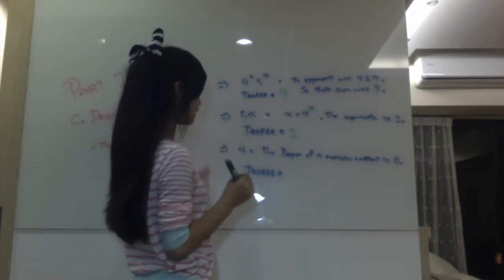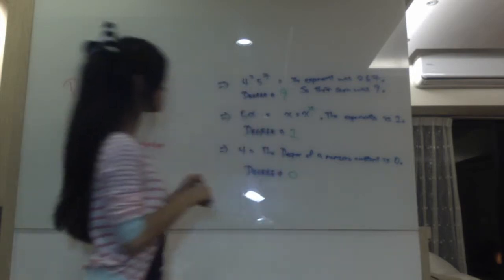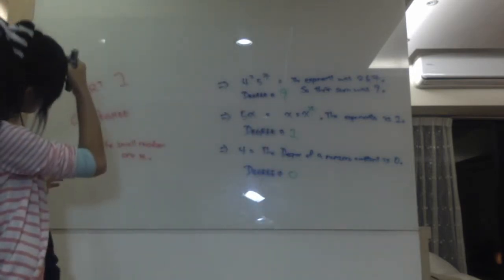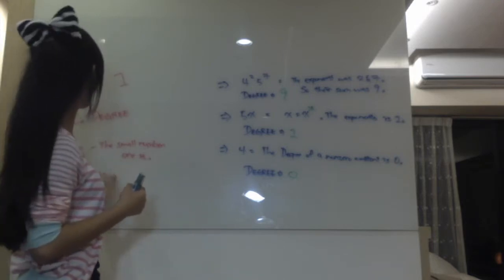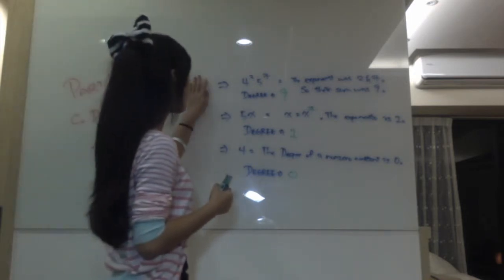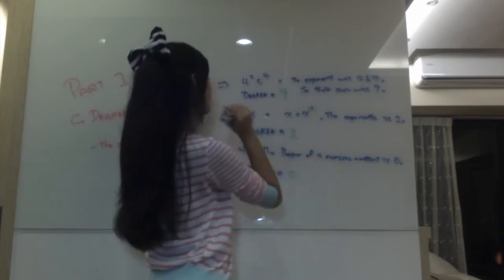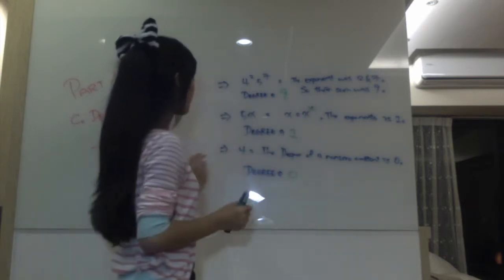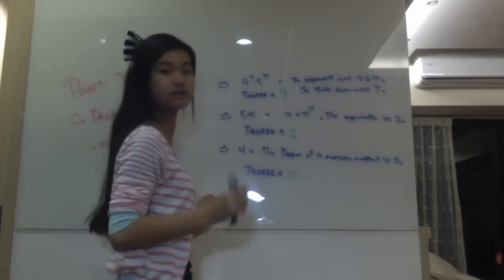So it didn't have any degree. So the degree of this one is 0. So this was all about the degrees. Just remember x is equal to x¹. Like if there is just a whole number, it has no degree.